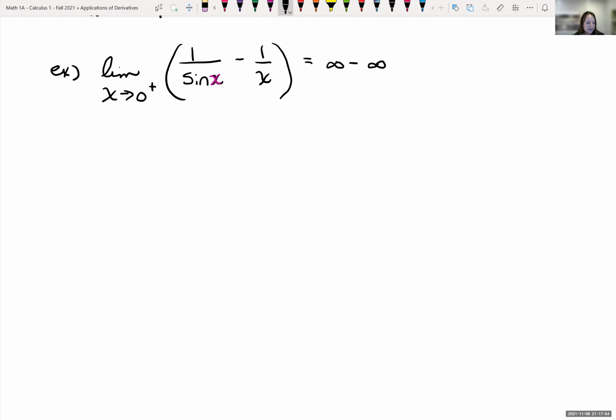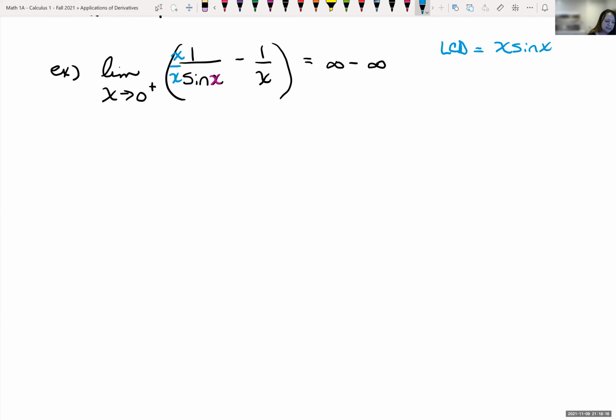Okay, so let's rewrite this. How about let's rewrite this as a single fraction? And so if we write this as a single fraction, we need a common denominator. And our least common denominator is x times sine x, right? So I need to multiply this first fraction by x over x to get the common denominator.